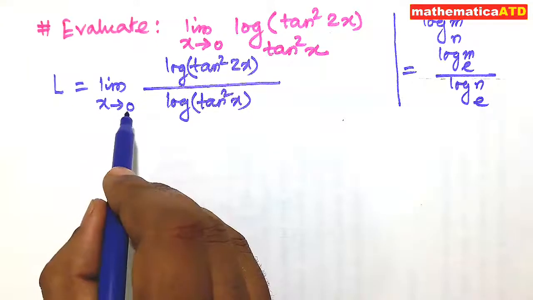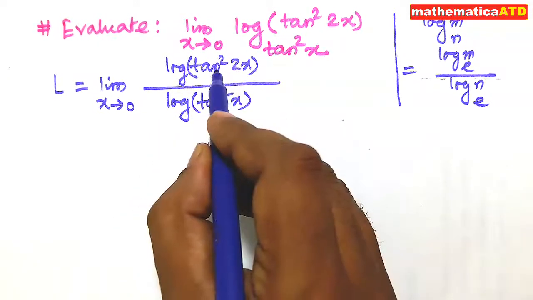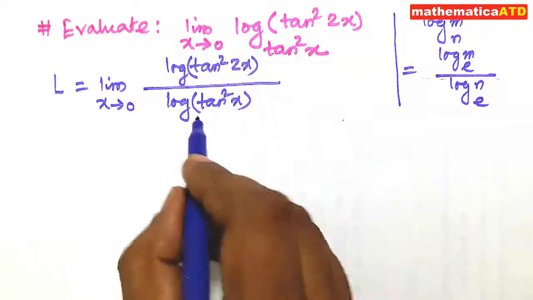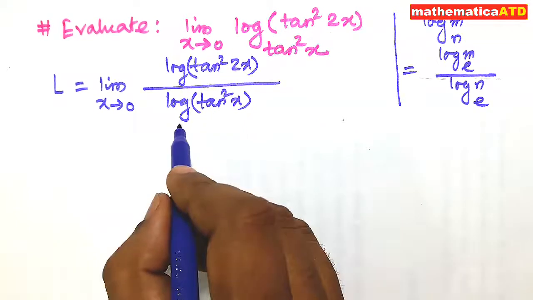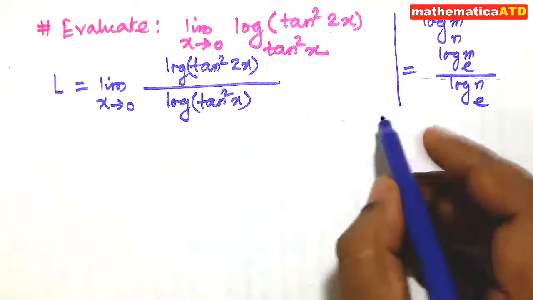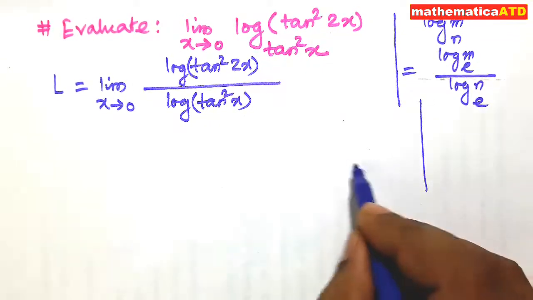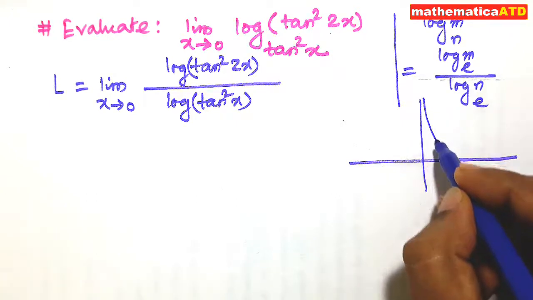Now since x tends to 0, tan 0 is 0, so log of 0 is undefined, and here also in the denominator log 0 is undefined and it is going to negative infinity. You know the curve of log x is this one.